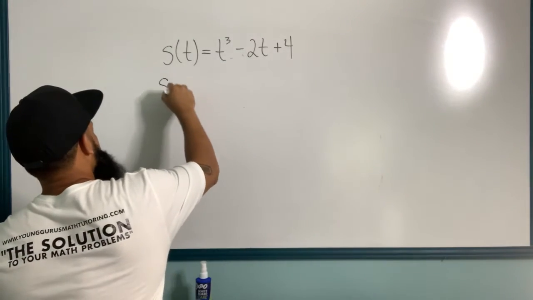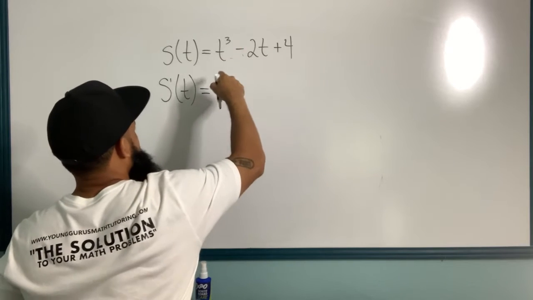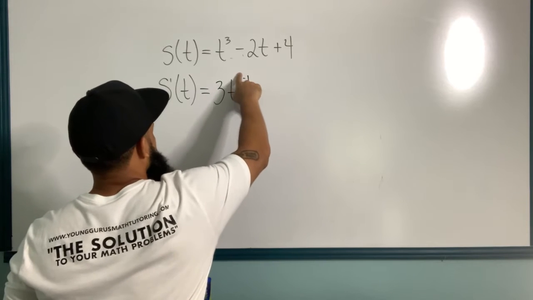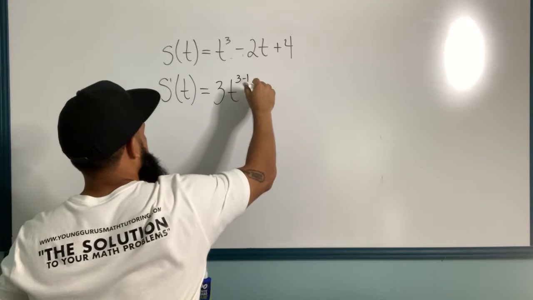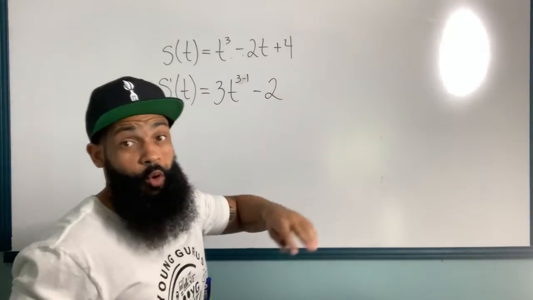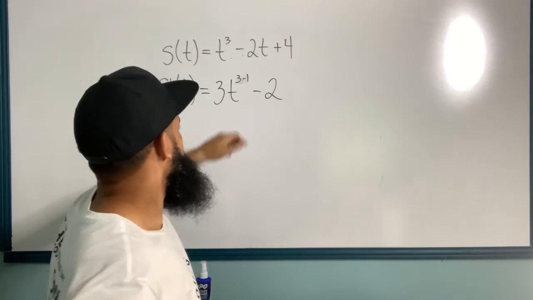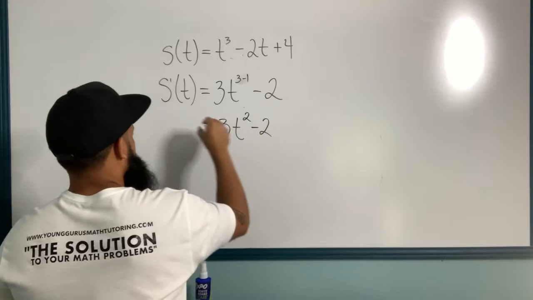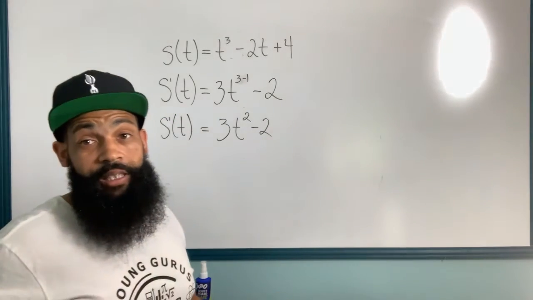So s prime of t is simply, the derivative of t to the third power is 3t to the 3 minus 1 power, and then minus 2, since the derivative of 2t is just 2, and the derivative of 4 is 0. We simplify: 3t squared minus 2.